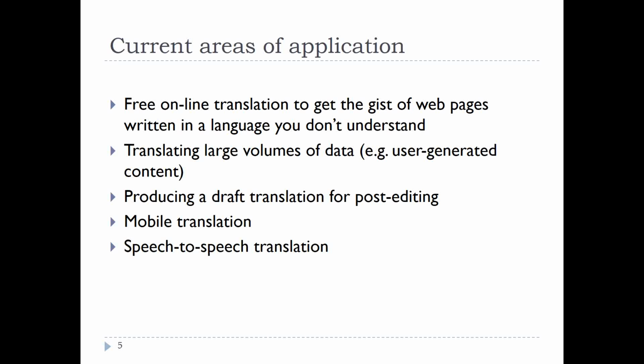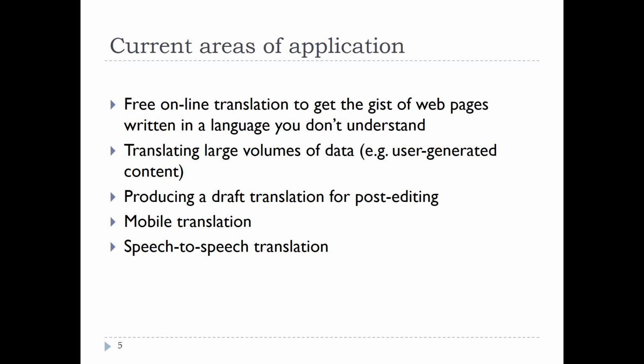However, machine translation is also useful for translating large volumes of data and possibly only producing a rough draft translation, which is of an acceptable quality, good enough for people to read and understand, even if it's not finalized and polished.